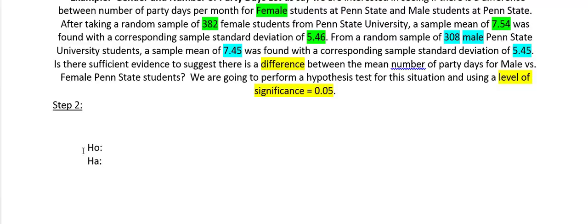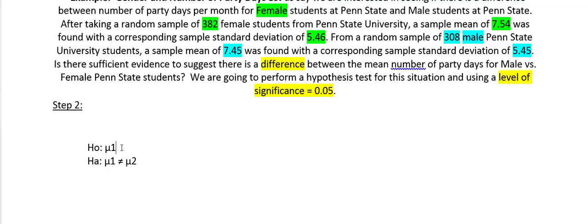Now in step 2, I'm going to define my null and my alternative. Because I used the notation mu1 and mu2 in step 1, I'm going to use that same notation here. For this problem, what we wanted to show was that there was simply a difference. So my alternative hypothesis is mu1 does not equal mu2.